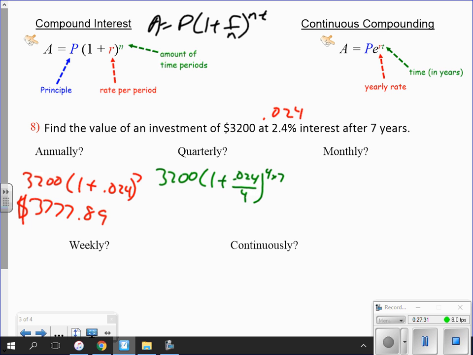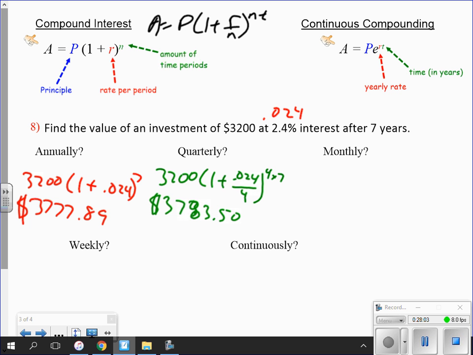And you figure that out, and you'd make a little more money: $3,783.50. Ooh, you'd make a little less than $6 more. Woo! Yeah, we're rolling now.